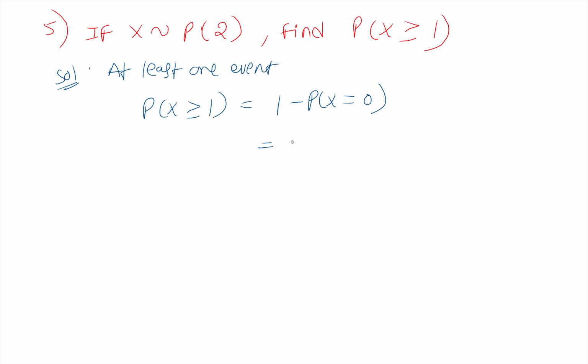For X equal to 0, we get only e to the power of minus 2. The e to the power of minus 2 value is 0.1353. Then we get 0.8647, which is very important.